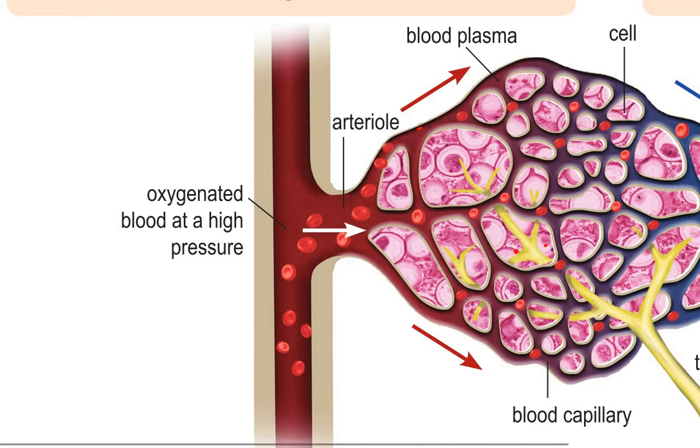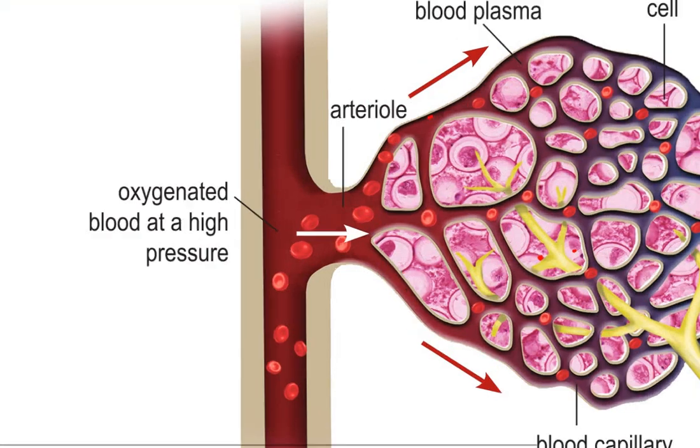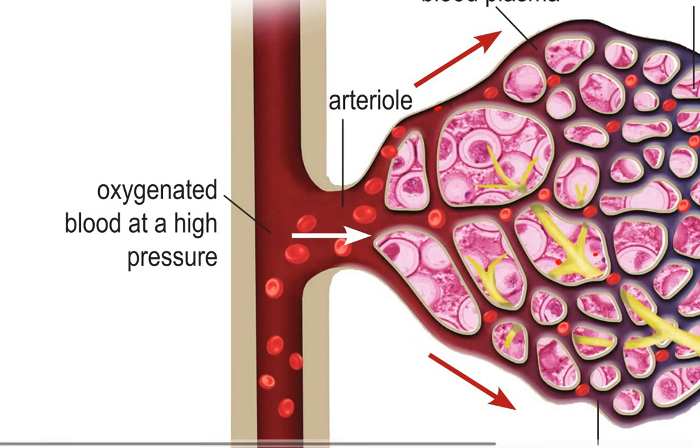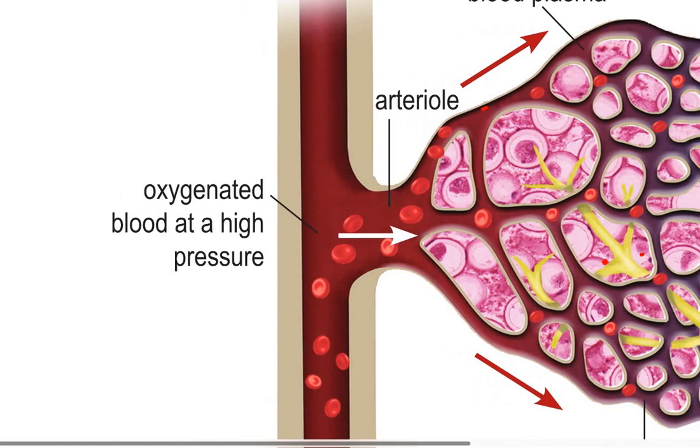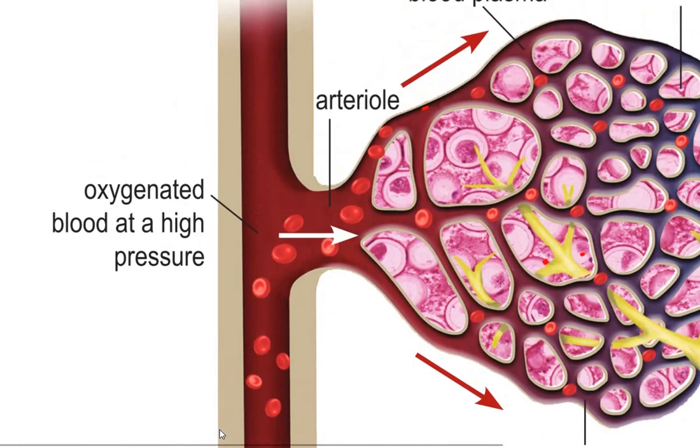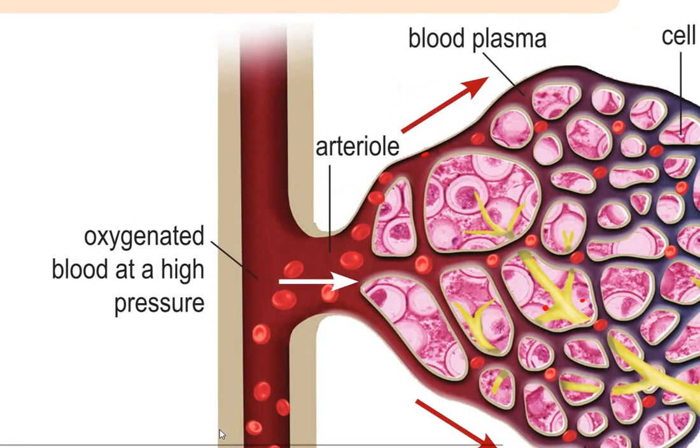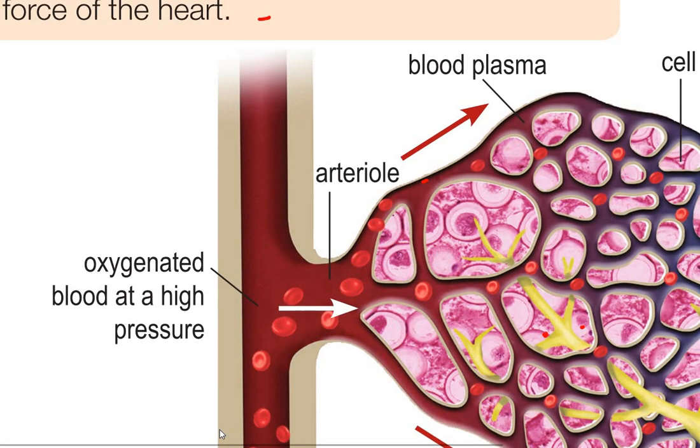Okay, arteriole. So we can make it bigger now. Okay, so what happened? The first thing that occurs is that blood that reaches the arteriole end of the blood capillary has a high pressure due to the small diameter of capillaries and the pumping force of the heart.